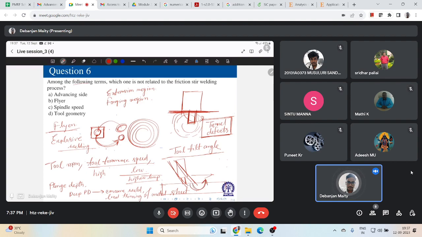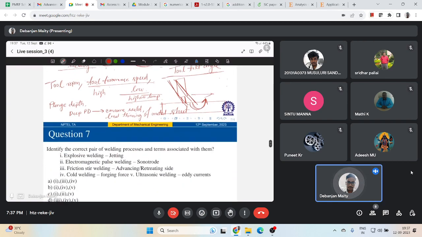So there should be some optimum condition. I'm also working in this domain, so we normally use 2 to 3 degree of tool tilt angle. Okay, sir. Thank you.